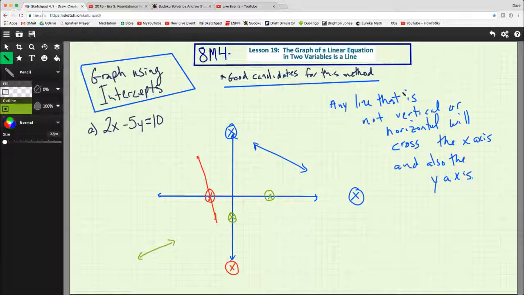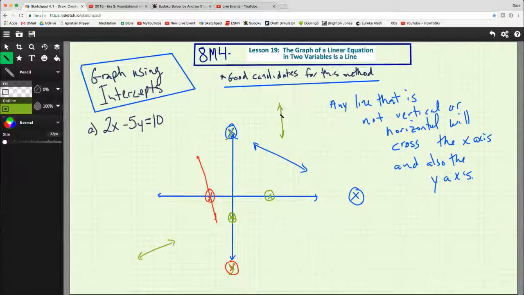Okay, so any line that is not straight up and down, like this straight up and down line here, will never cross the x-axis. Sorry, it'll never cross the y-axis. Again, this is the y-axis and this is the x-axis. Maybe I should have drawn these things as x's and y's, so it doesn't confuse you.